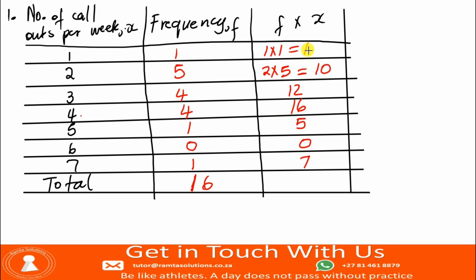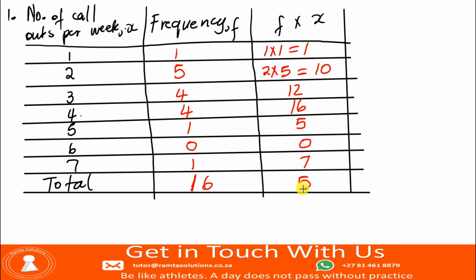Now the total is 1 plus 10 is 11, plus 12 is 33, I believe. If you have a calculator, you can quickly do this. So this is 33, this is 49, this is 54, 11, 23, 39, 51.